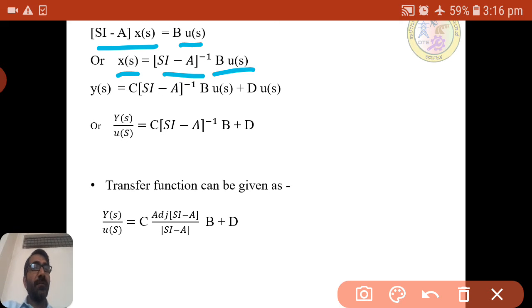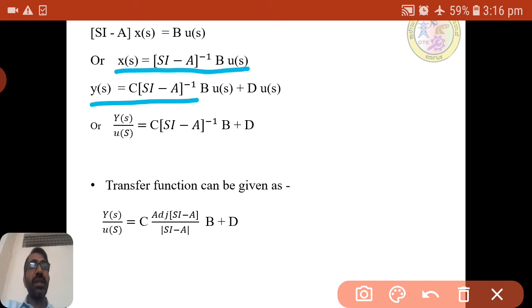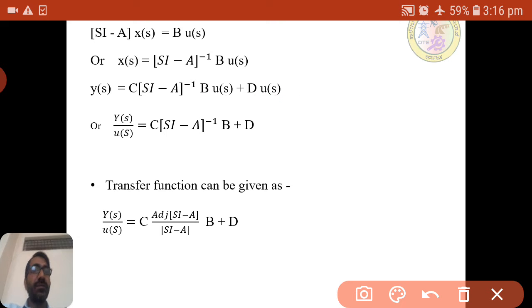Whatever this X of s is, if we put it in the output equation, then Y of s is equal to C into (sI minus A) inverse into B into U of s plus D into U of s.